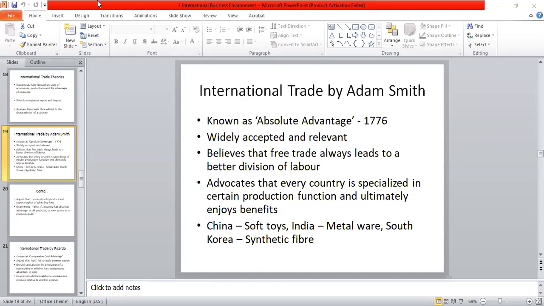So this is nothing but an example of division of labor. On the basis of work, we divide that labor.